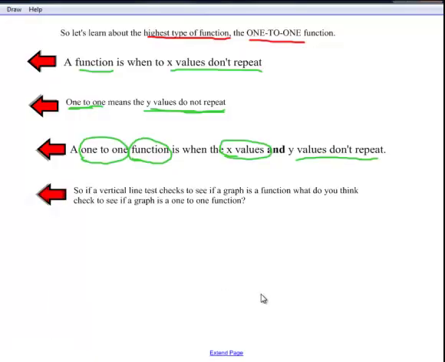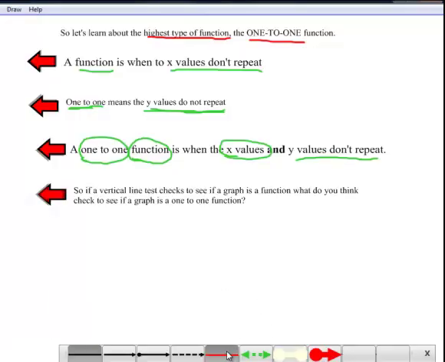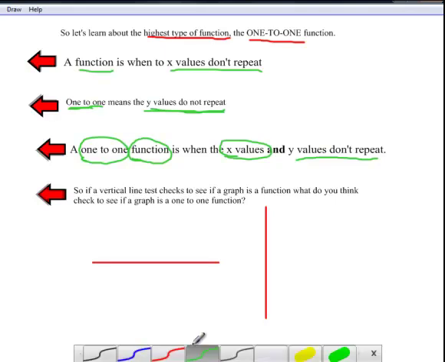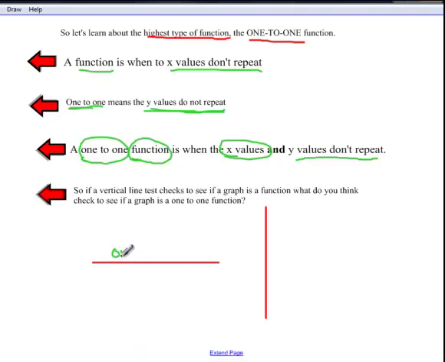That's right, you use a horizontal line. So a horizontal line and a vertical line are going to check for one-to-one. So this is one-to-one, and vertical is our function. We have two different tests here. If you wanted to do a one-to-one function, you have to do both.